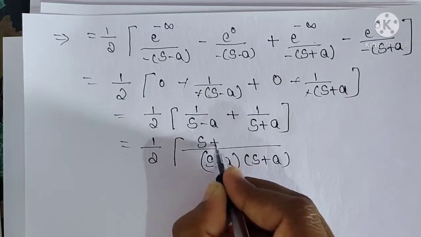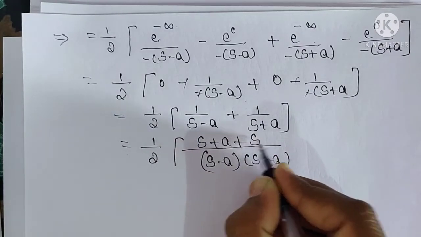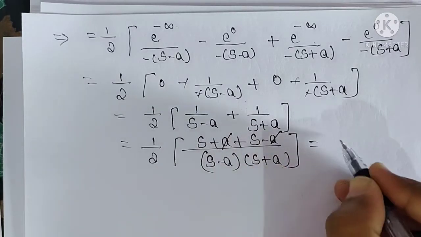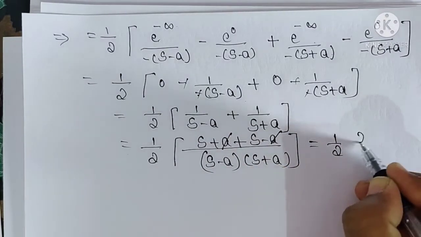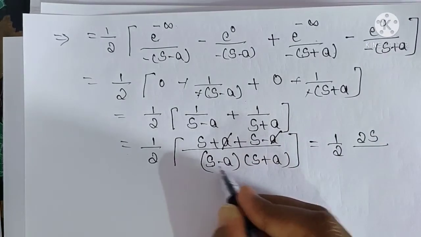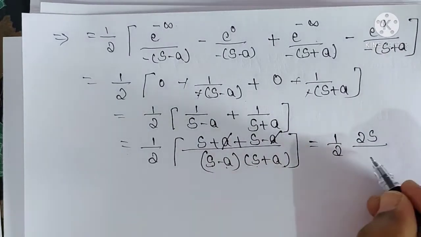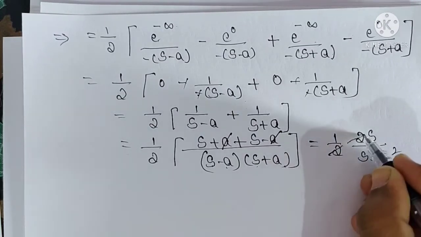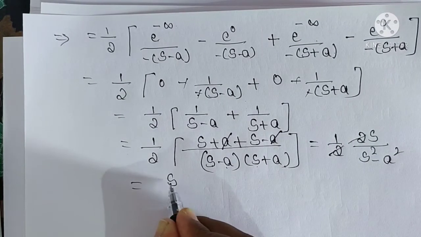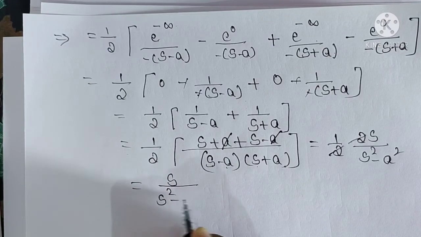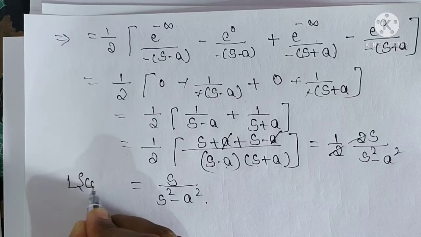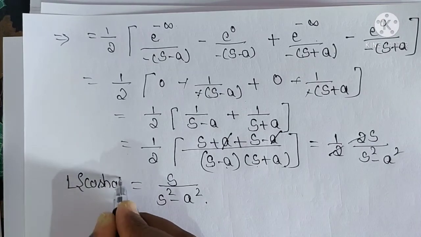Remaining s plus a plus s minus a, plus a minus a gets cancelled, remaining 1 by 2 into 2s divided by, a plus b into a minus b formula is there. Then we can write s square minus a square, 2 gets cancelled, remaining s divided by s square minus a square. This is L of cos h of at.